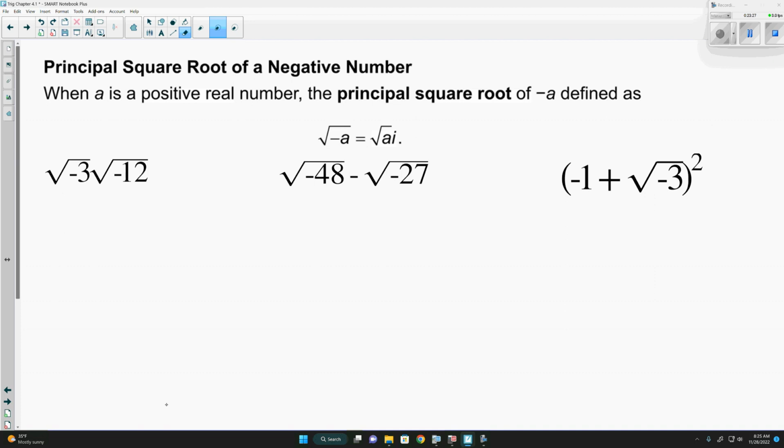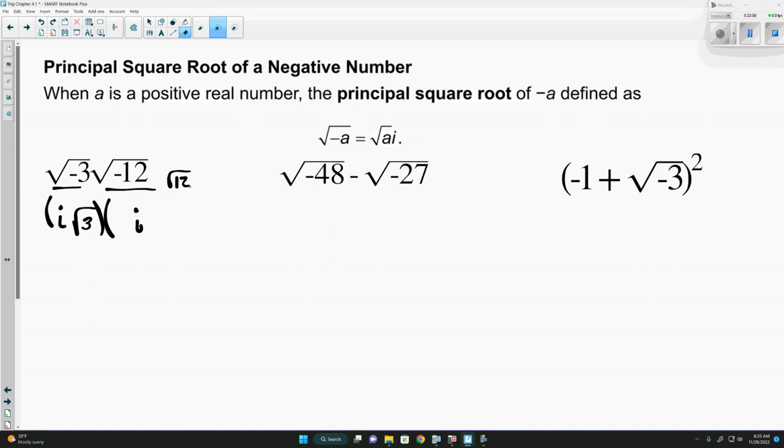And there's different ways we could go about solving this. One of those is looking at these individually. Square root of negative 3 is really saying that we have i square root of 3. i square root of 3 times square root of negative 12, well, we would have i, which does leave us with the square root of 12.